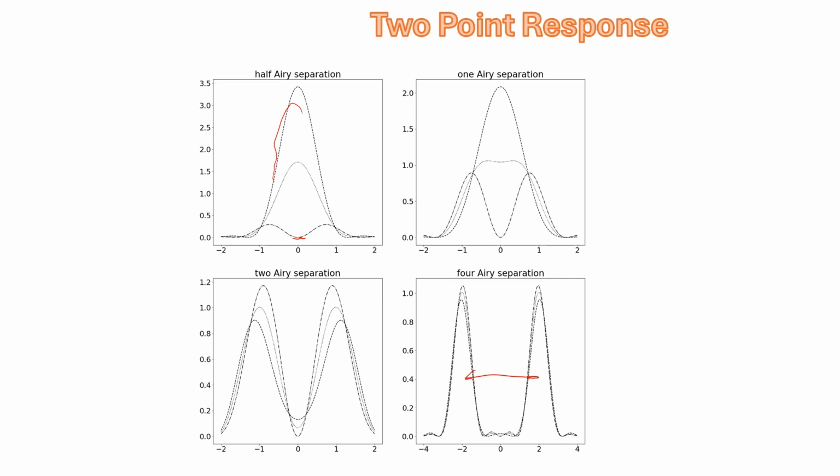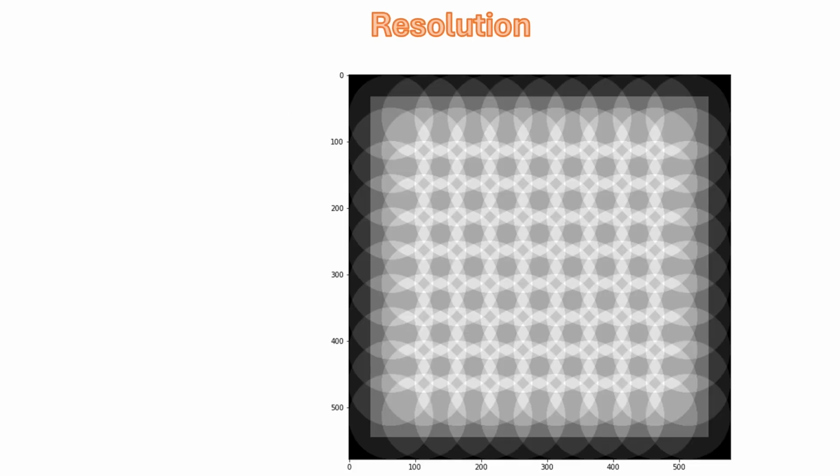The key thing here, of course, is to think about what is the overall resolution of the system. What we're doing here, so this is a map basically of the Fourier plane of the object under test.